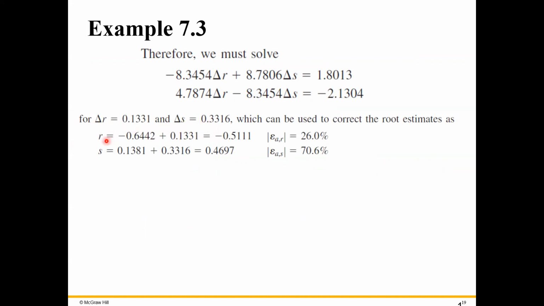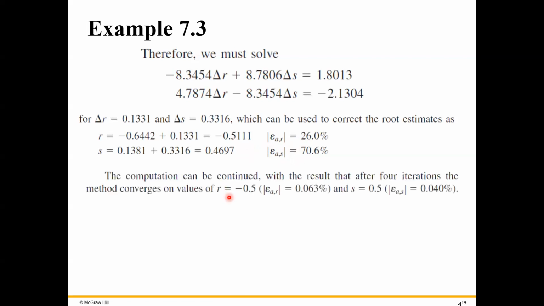And then these will give us the new set of values for R and S. But in this case, we will find that the percentage error will reduce. Earlier it was 50%, now it is 26%. Previously, the percentage error in S was 800%, but now it is 70%. So the error has reduced, but still it is quite high. But again you have to perform this iteration.